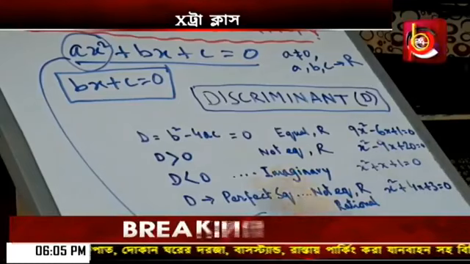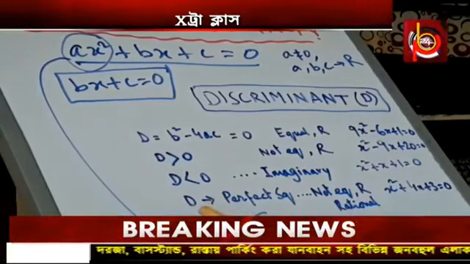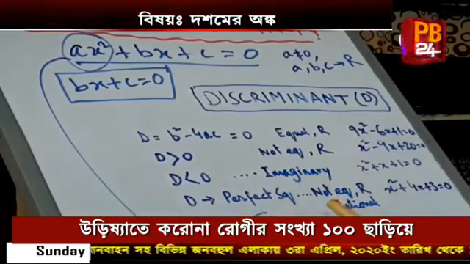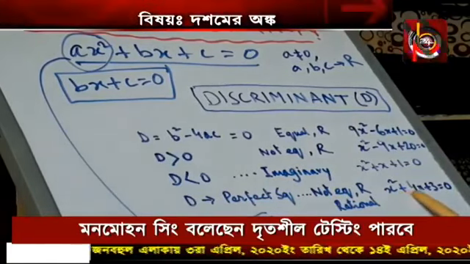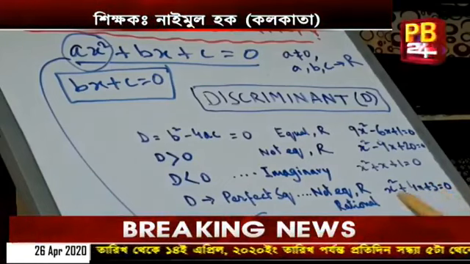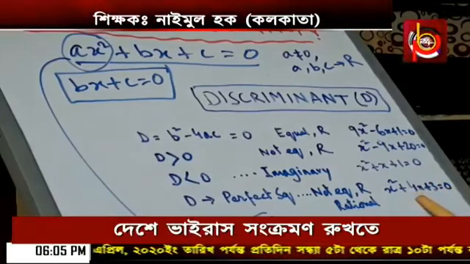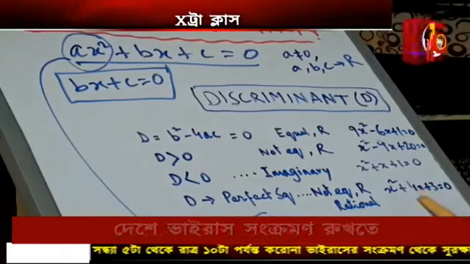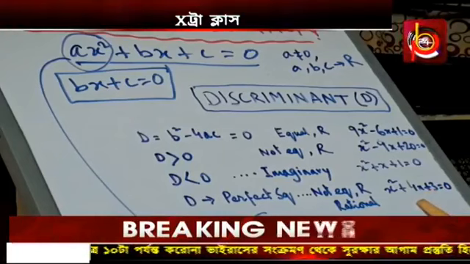Now the fourth and last case is where the discriminant is a perfect square. We can give one example of the equation: x squared plus 4x plus 3 equals 0. Its b square minus 4ac, the discriminant, comes to 4, which is a perfect square.